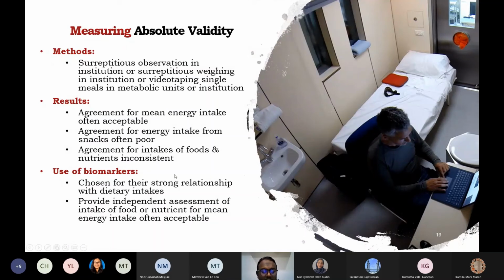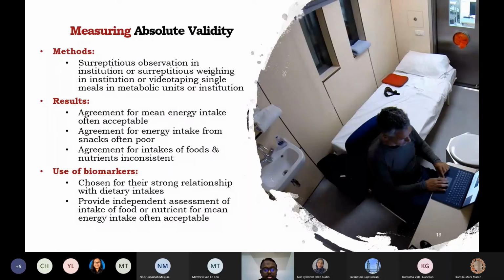Okay, so therefore we suggest using biomarkers for absolute validity, where we have to choose a biomarker which has a very strong relationship with dietary intake. Okay, so we'll look at biomarkers after this.